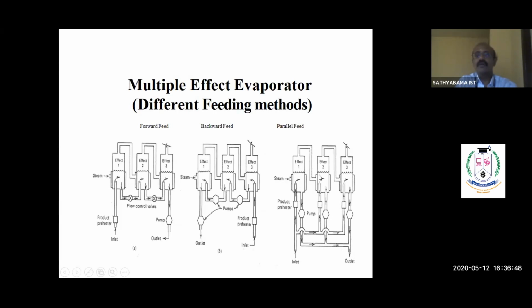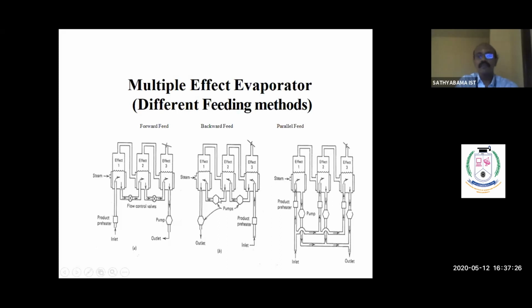So whenever we want a product in higher amounts, suppose we immediately want to manufacture nearly some 500 kg of the product, meaning within a shorter period of time we produce a greater quantity of product, then we can go with the parallel feeding arrangement, wherein the product can be availed from each of the effects such that it can be combined to give the overall product. Whereas in case of forward feeding and backward feeding, only the final product will be obtained from the last effect. So in case of forward feeding, it can be obtained from the third effect, whereas in case of backward feeding, it can be obtained from the first effect.